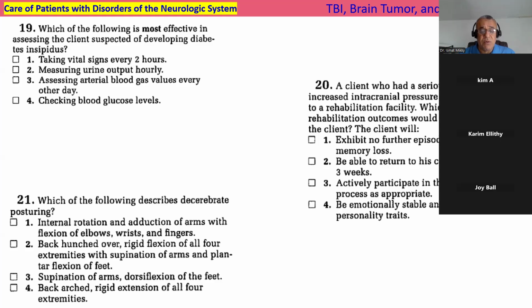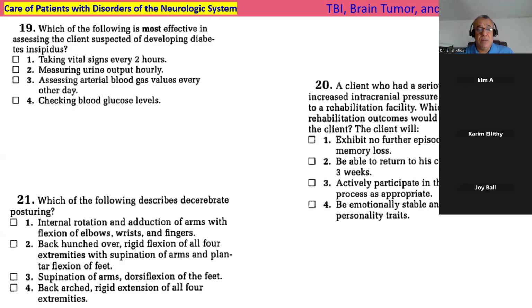That's the most important expectation, and ultimately that would result in more effective rehab outcomes. The family members and significant others will need long-term support to help them cope with the changes that have occurred to the client. But the answer is 3.